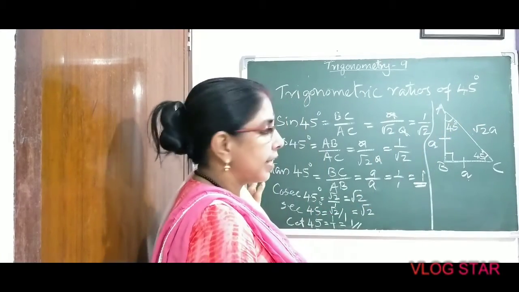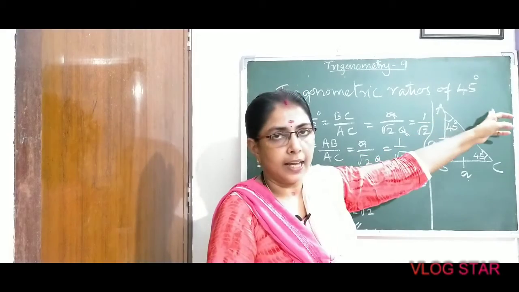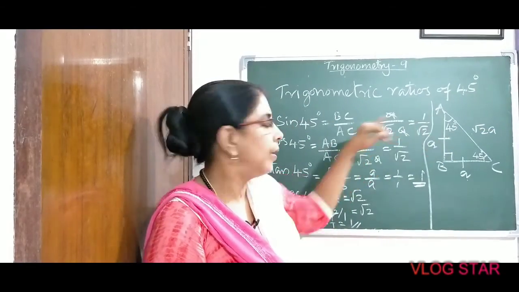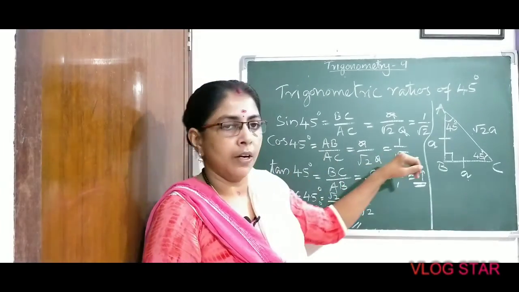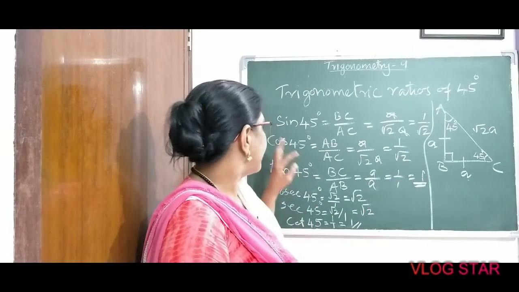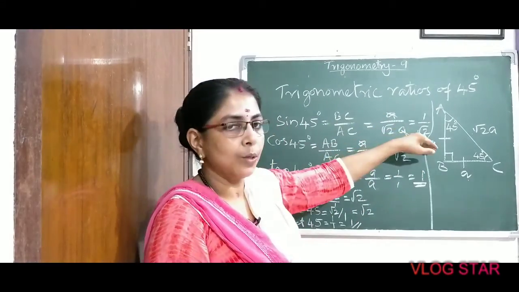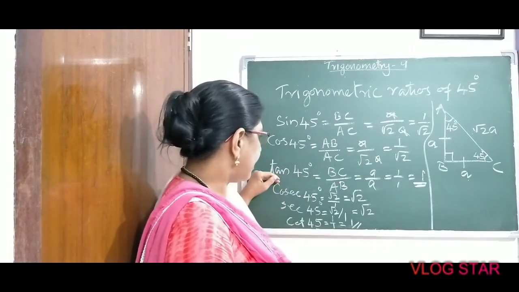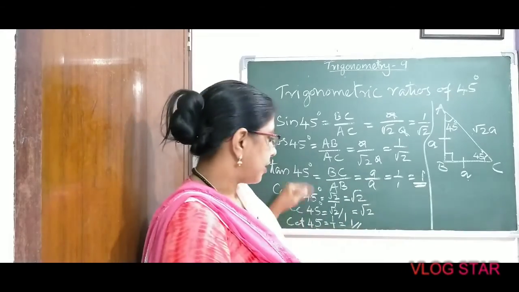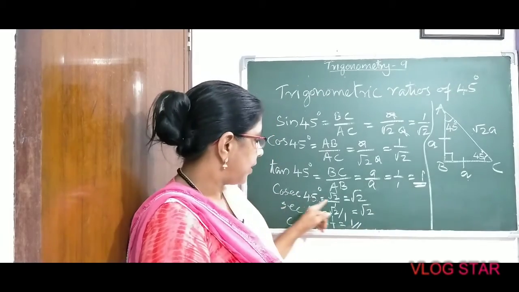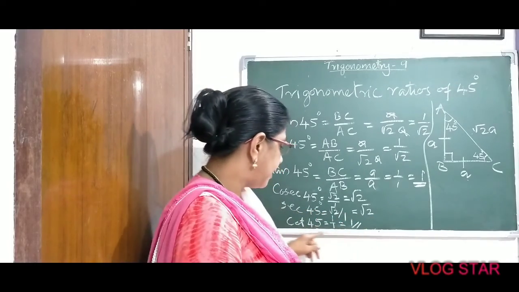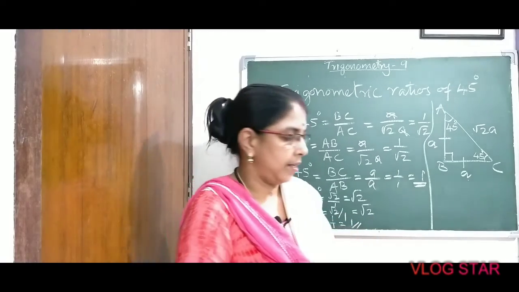Sin 45 is 1 by root 2. Cos 45 is 1 by root 2. Tan 45 is 1. Its reciprocals: cosec 45 is root 2, sec 45 is root 2 and cot 45 is 1.